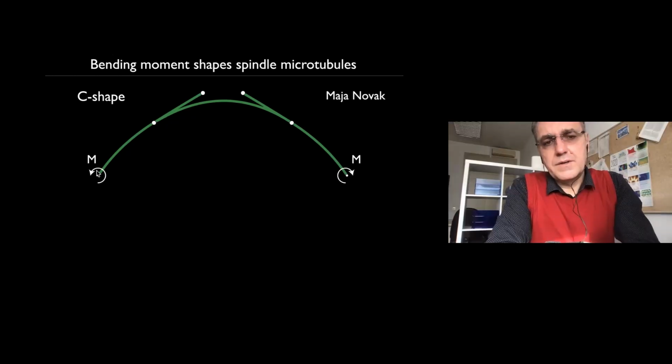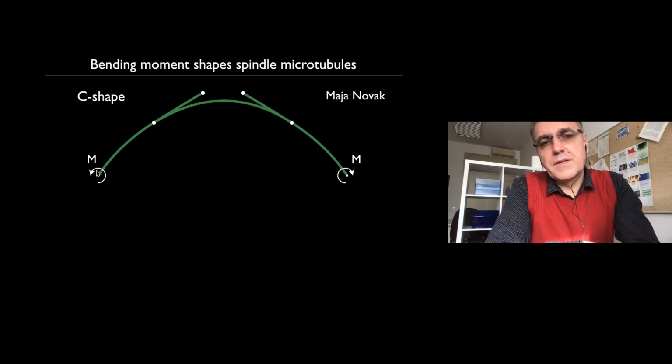Of course, these two different boundary conditions will produce somewhat different shapes, but the difference between these two shapes is so small that it cannot be experimentally verified.